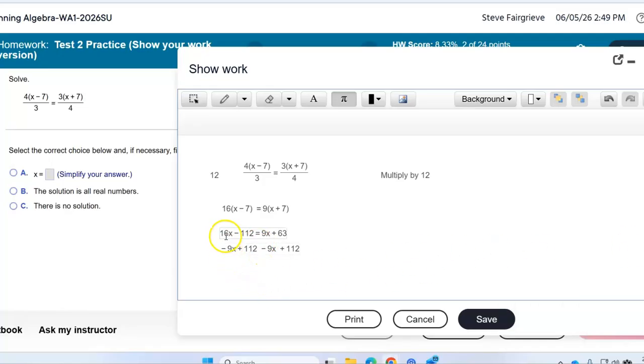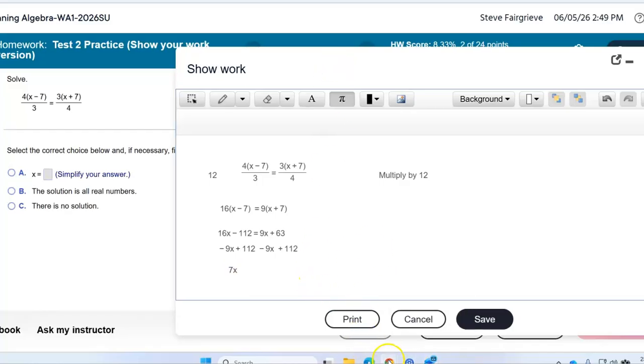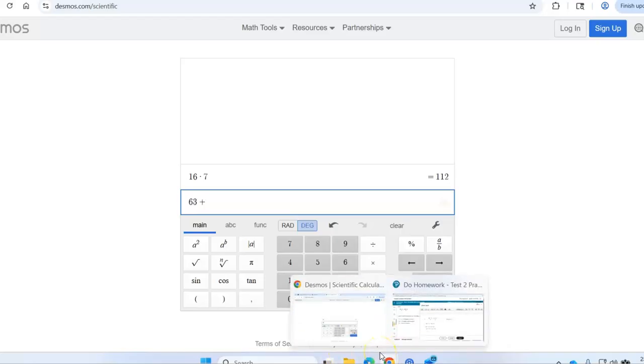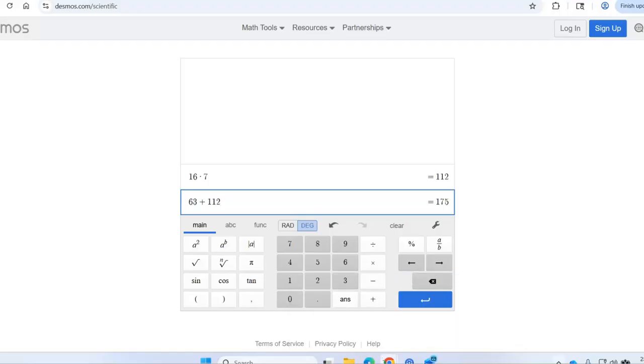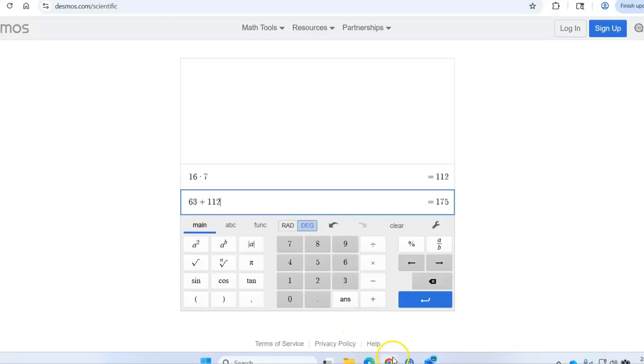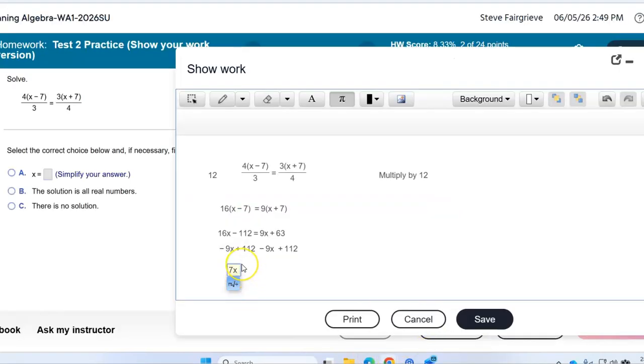So 16 minus 9 is 7x. 63 and 112. I'm just going to go back real quick to my calculator. 63 plus 112, 175. Oops, back to my homework. So 7x equals 175.